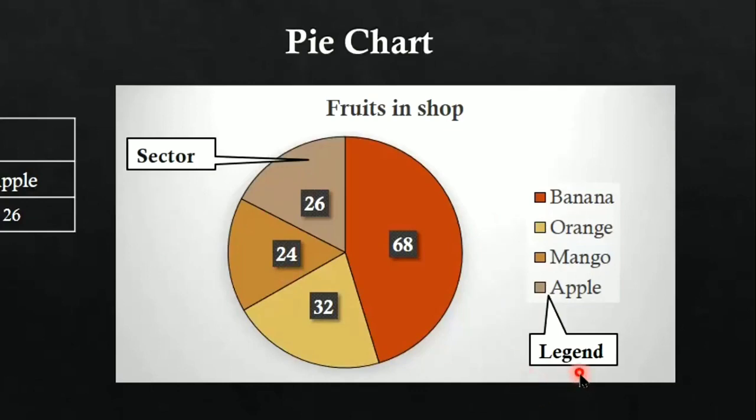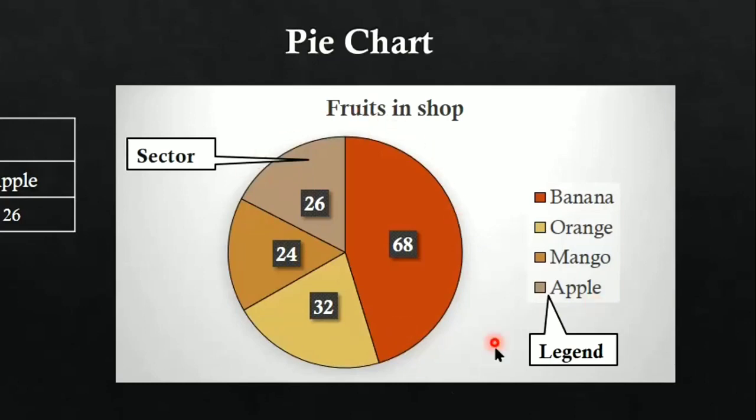This legend tells us the colors: this color indicates the banana, the next color indicates the orange, the next color indicates the mango, and the last color indicates apple.